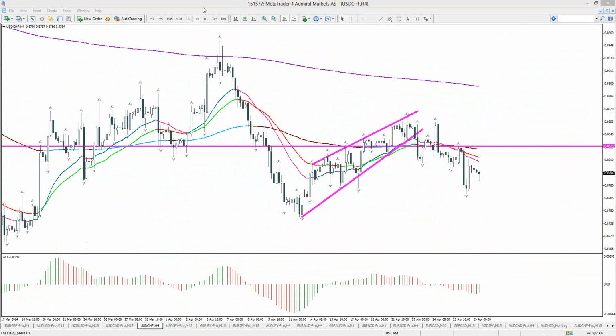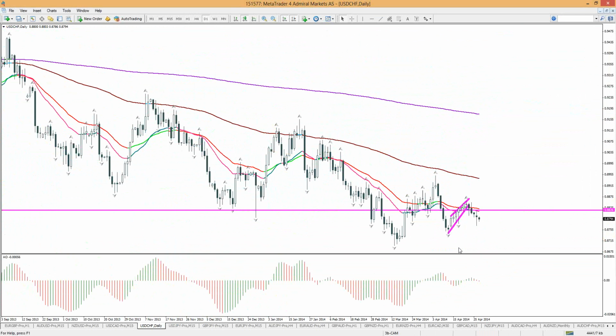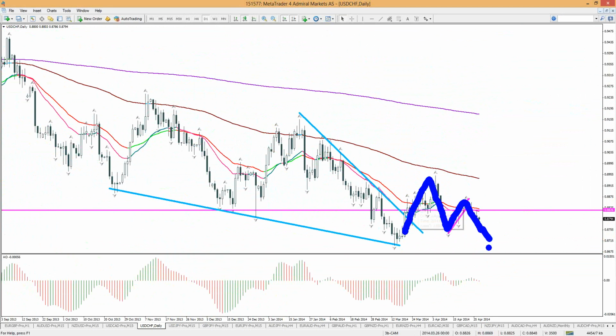Maybe other pairs, the Swissy could be more interesting, but we see definitely daily divergence between these bottoms. We also see basically price trying to box itself out of maybe a falling wedge, for instance, like this in the past. Something like that, plus the divergence. That could easily mean that this is a hook back from upside. I don't know. It doesn't seem that attractive. Maybe some other Swiss franc could be.